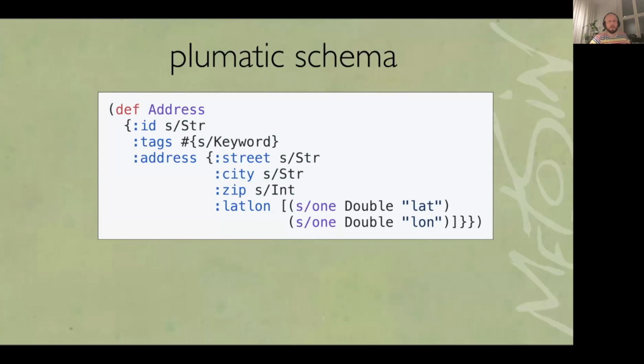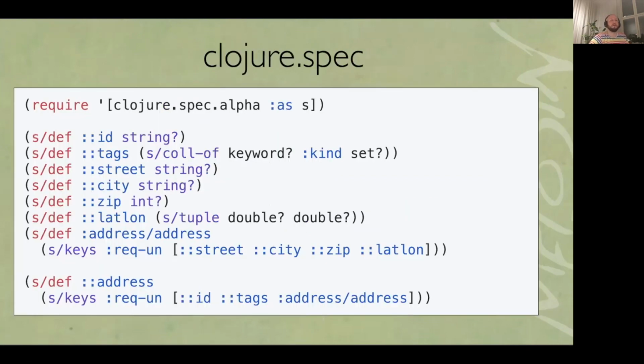Another approach for the same problem is ClojureSpec, and it takes a totally different way to do this. In ClojureSpec, there's this global registry and these keywords which describe basically the map keys, and they have some kind of type.